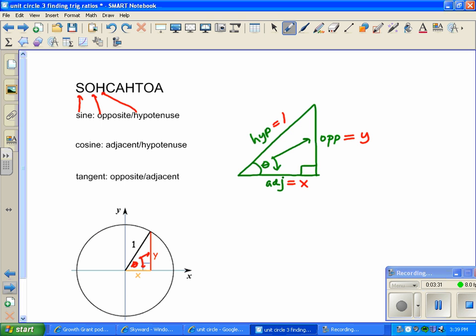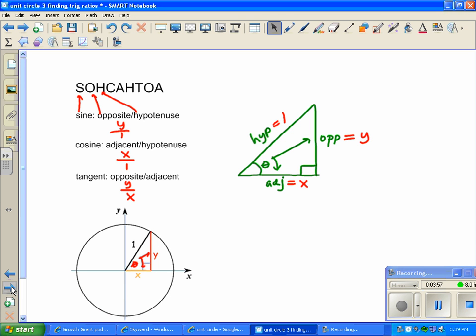So sine will equal y divided by 1, cosine will equal x divided by 1, and tangent will equal y divided by x. And here's sort of how we go from right triangle trigonometry to the trigonometry of real numbers that uses the unit circle as a way to understand the symmetry and the patterns of trigonometry.